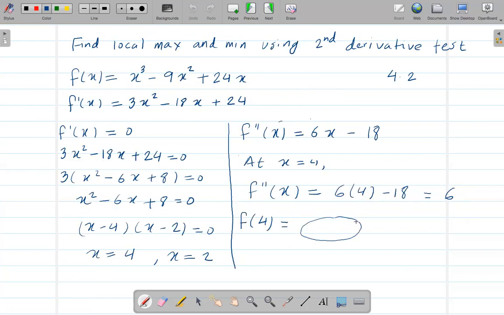So let's make this a quiz problem. It's a simple one. Plug this 4 into the original equation. So 4 comma something will be the local minimum point. Similarly, the next one we have is at x equals 2.